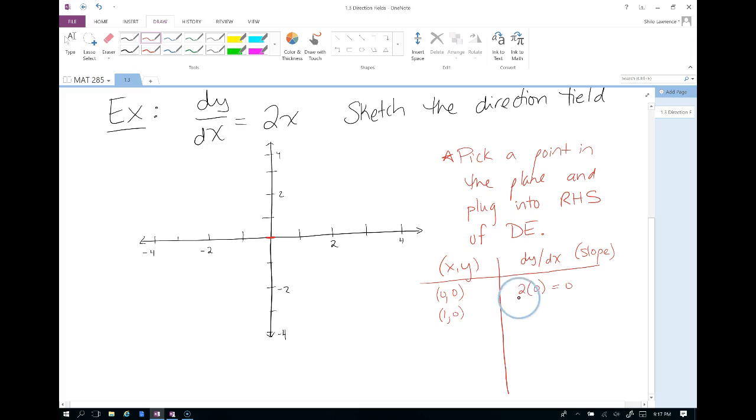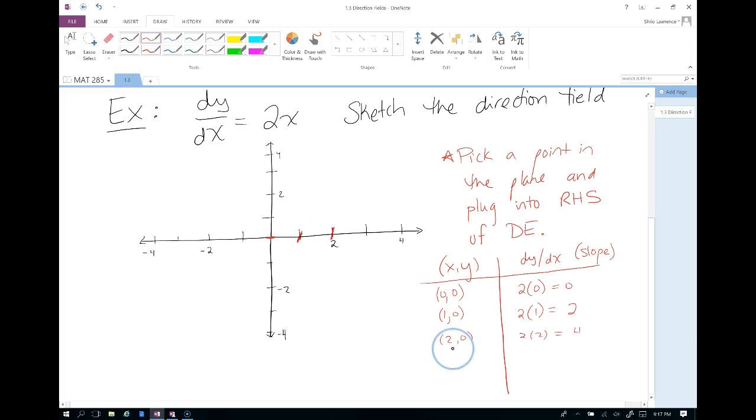Now this differential equation depends only on the x value. So now I'm going to do 2 times 1, which is 2. So I need, at this point, to draw a slope of 2. And then at 2, 0, I'll have 2 times 2, which is 4. So over here, I'm going to have a tangent slope of 4, which is really steep.